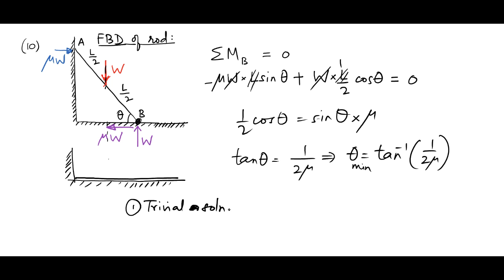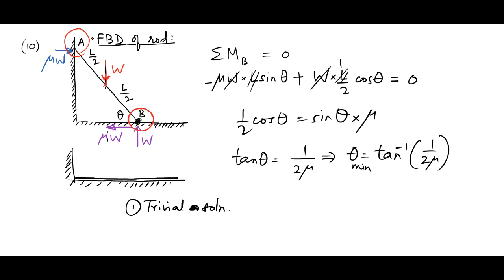In fact, we have assumed that the value of theta which is asked corresponds to a situation where point B is the only point of contact of the ladder, of the rod, with the ground, and similarly point A is the unique point of contact of the rod with the wall.